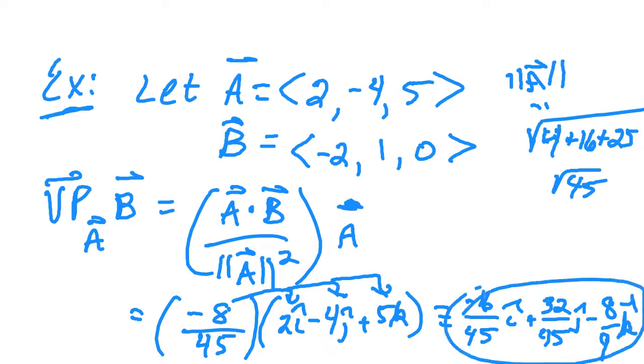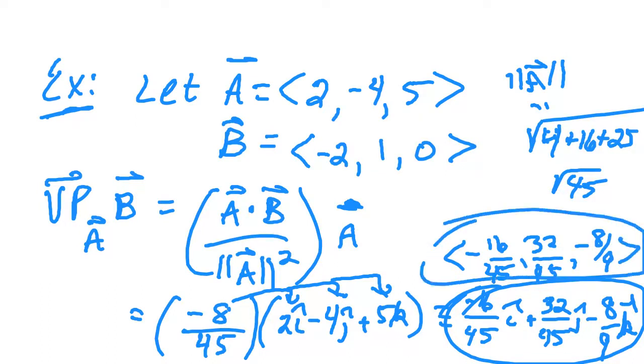And in vector notation, we could write that as minus 16/45, 32/45, and minus 8/9. So that would be the vector projection of B vector onto A vector.